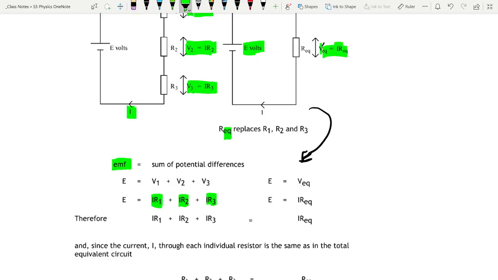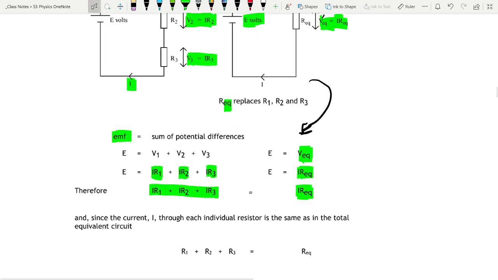So E equals VEQ. Replacing VEQ by I Req, current times the equivalent resistance of all of them, the total EMF is equal to I times R equivalent. But we just said earlier that the total EMF is also equal to IR1 plus IR2 plus IR3.